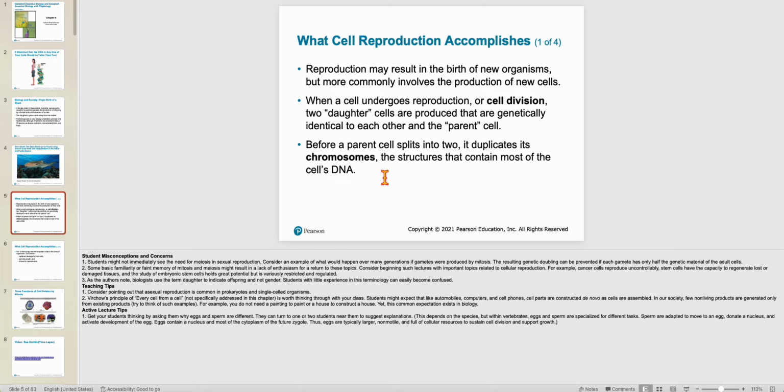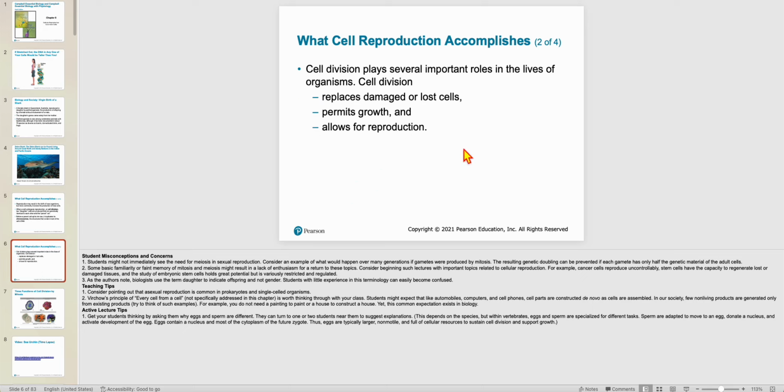Before cell division takes place, the chromosomes take on a form I mentioned before called chromatin, which is a loose spaghetti type of thing, which is not able to be seen without a microscope. Chromosomes you can, chromatin you cannot. So before the cell divides, it's called chromatin. After or during the cell division, actually, it's called chromosome. And we'll see that.